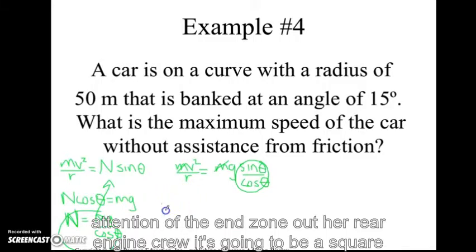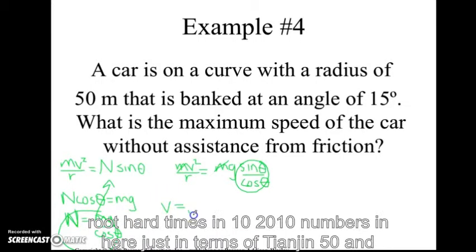So now if I'm rearranging for the velocity, it's going to be the square root of rg times the tangent of the angle. And now if I plug numbers in here, I've got 50 times 10 times the tangent of 15.